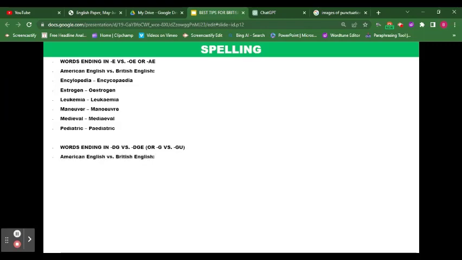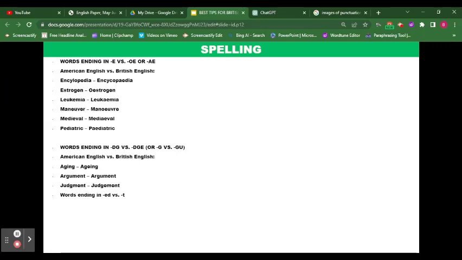Then words ending in DG versus DGE or G versus GU. For example, of course, American English ends in DG, British English ends in DGE, and in some cases, American English ends in G and British English ends in GU. Then we have aging, arguments, judgments.